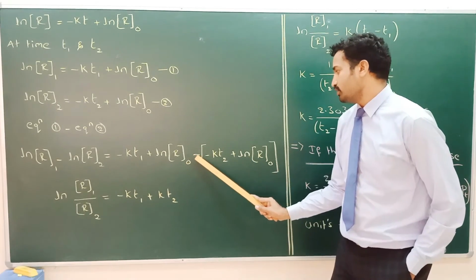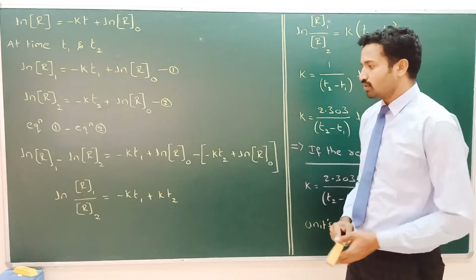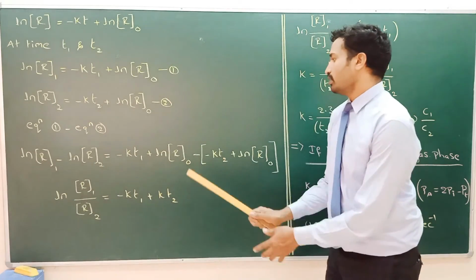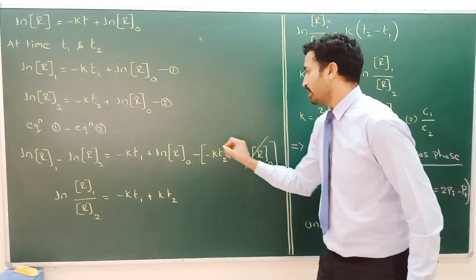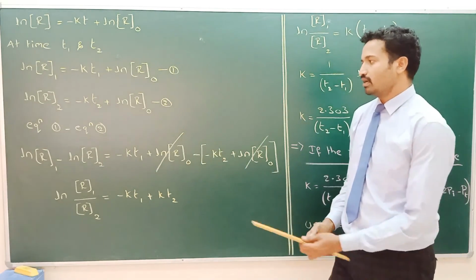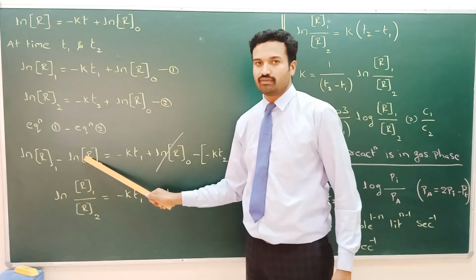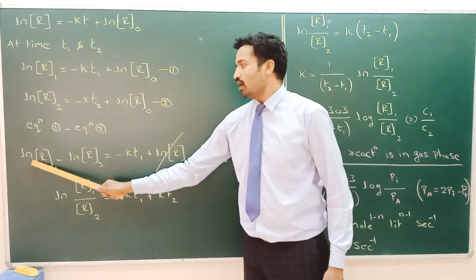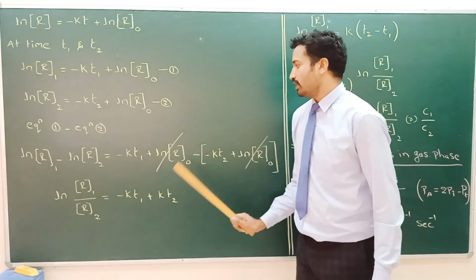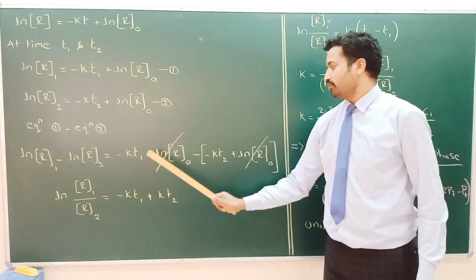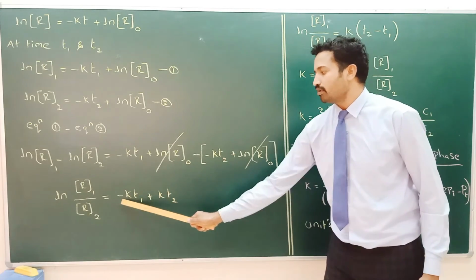Minus into minus is plus, and minus into plus is minus, so plus ln R0 and minus ln R0 get cancelled. Now we know ln x minus ln y is ln x by y. So ln R1 by R2 is equal to plus KT2 minus KT1. The common value is K.